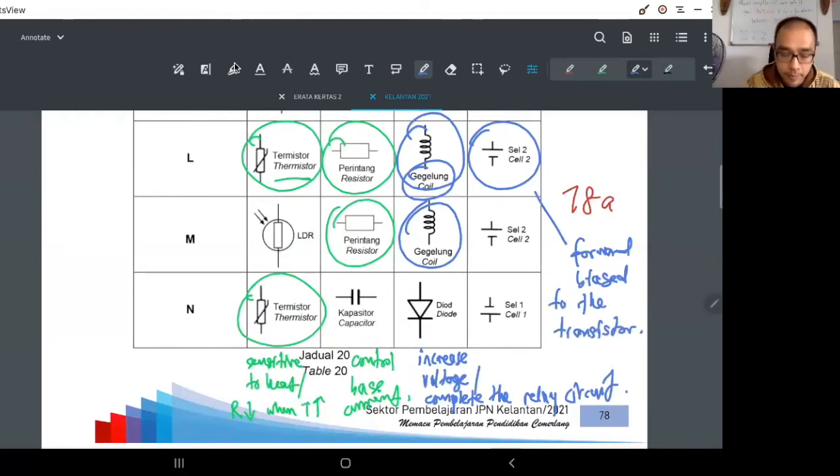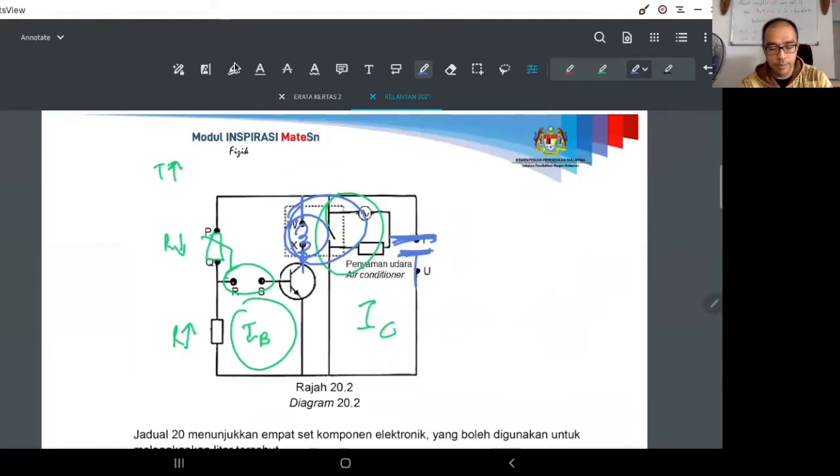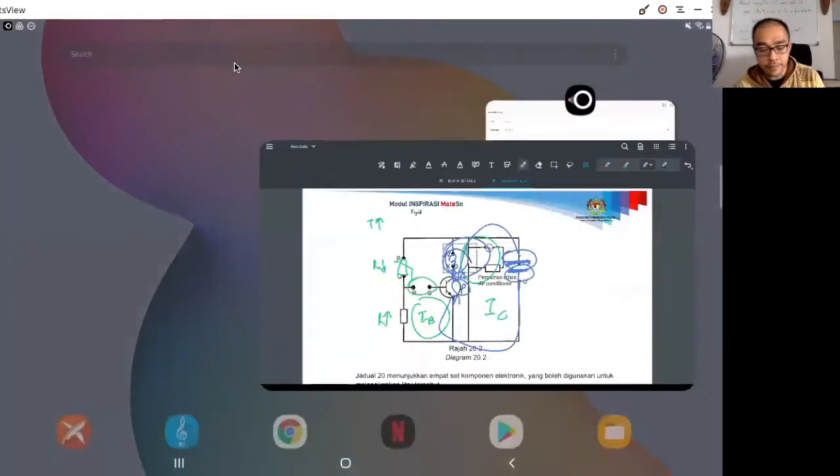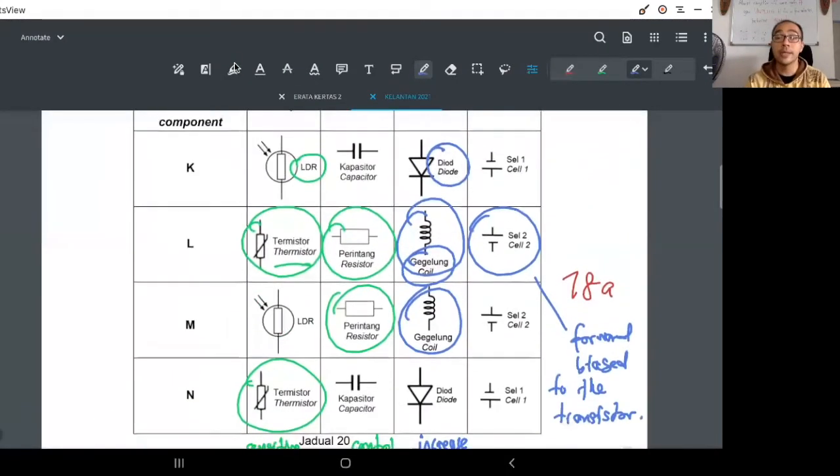Okay, that's what I want. Because the negative terminal is touching the N. This is a NPN. So the positive terminal is touching the P side. So that's why it is forward biased. So the best of it will be L.